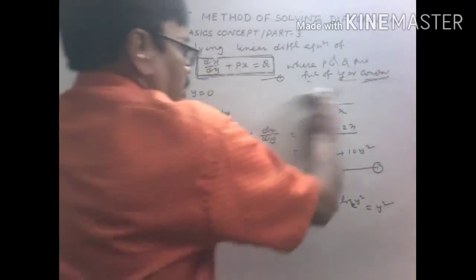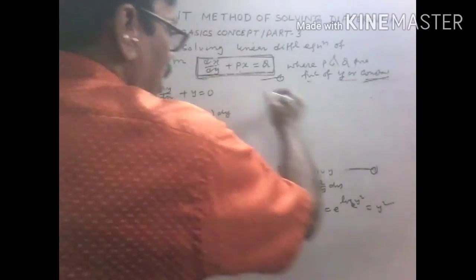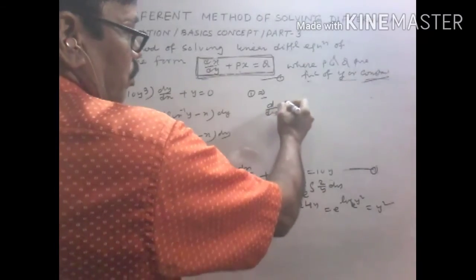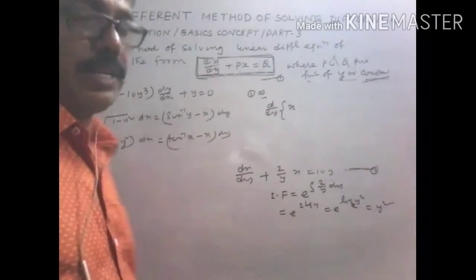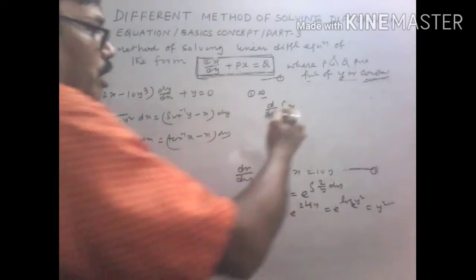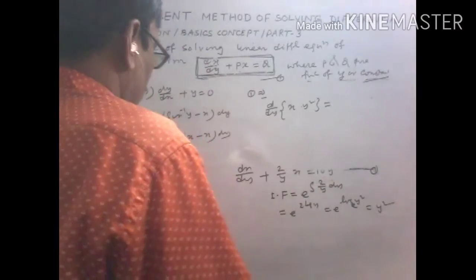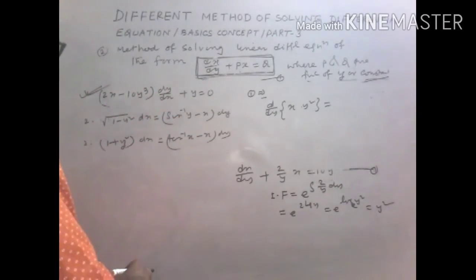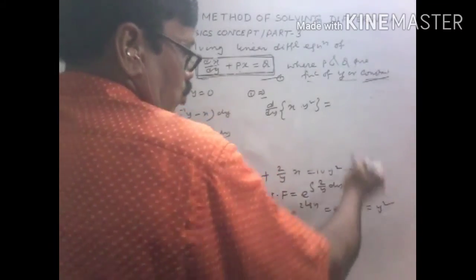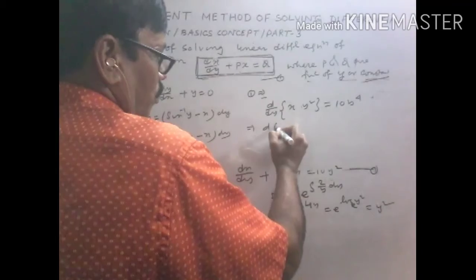So if we know the integrating factor, what is the left hand side? Left hand side will be d/dy of x into integrating factor. It is of the second type, not y. X into integrating factor. And what is the right hand side? Right hand side is 10y square into y square, 10y to the power 4.